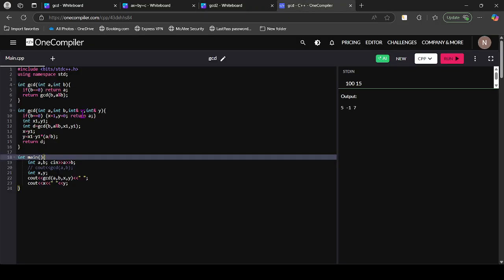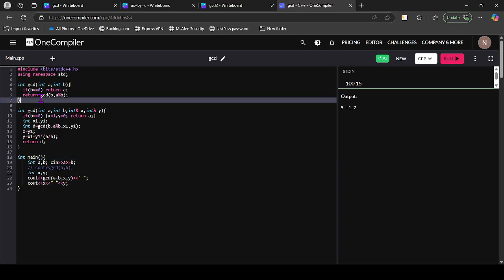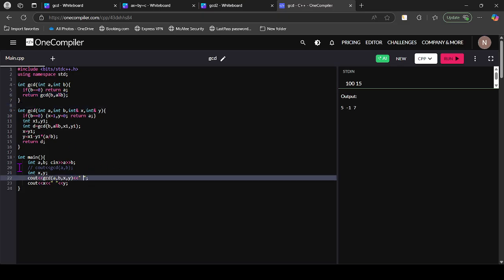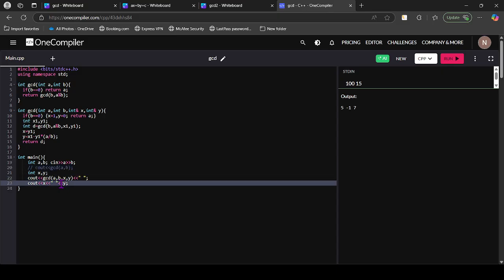So let's check the code. It is exactly similar to before. If we just want to find the GCD, there is no need for the parameters x and y, and the base case is if b is equal to 0, return a, else return GCD of b comma a mod b. But now if we want x and y, initially we can call the second function.